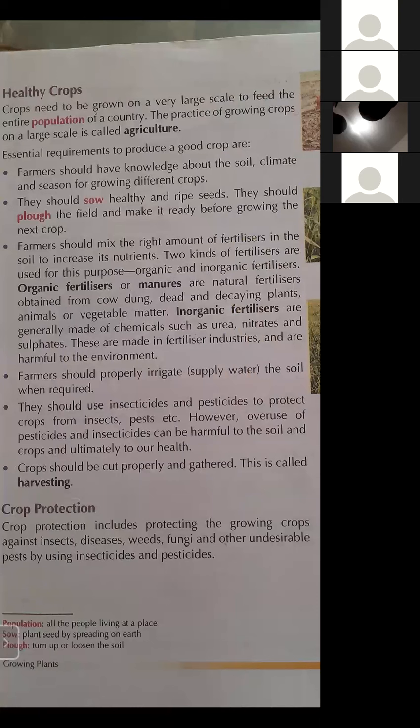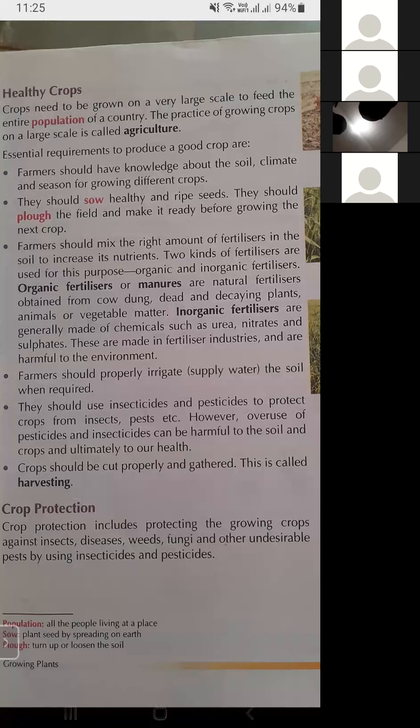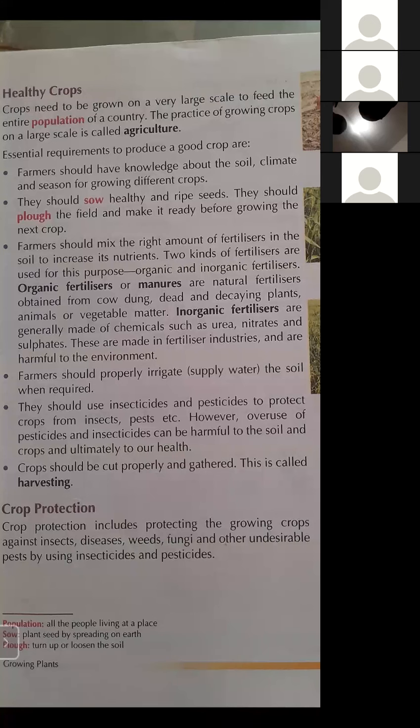However, overuse of pesticides and insecticides can be harmful to the soil and crop and ultimately to our health. So excess of fertilizers, excess of insecticides and pesticides are totally harmful to the soil and the crop and ultimately to our health. So they should be used in a limited amount and only when required.